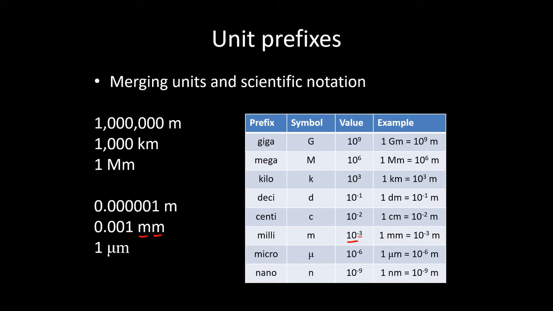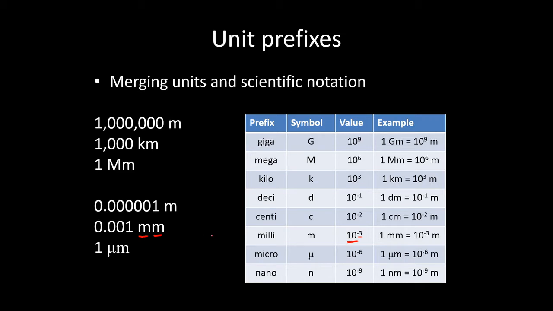But the same is true for a millisecond, or a milliliter. A milli anything is just 1,000th, or 10 to the negative 3 of that thing.